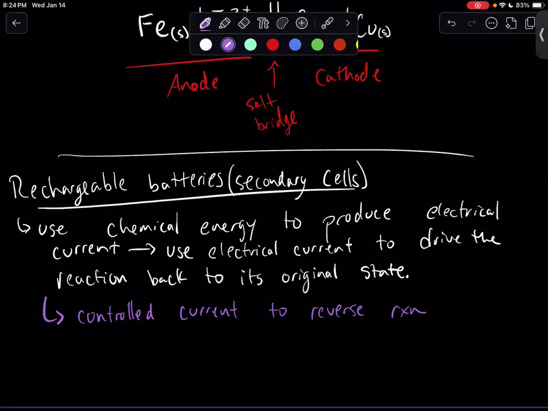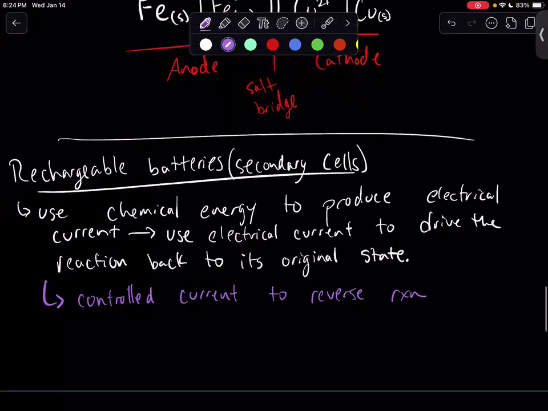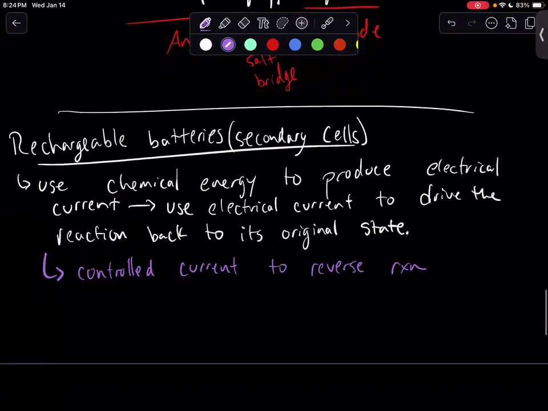If you've ever learned a little bit about electric cars, you can charge it or you can supercharge it. However, they suggest you don't supercharge very often because using that much current and power to shove the reversible reaction of your battery back can harm the battery life over time. So that's what we mean when we talk about battery life. It's like how many times it can be reused or recharged.